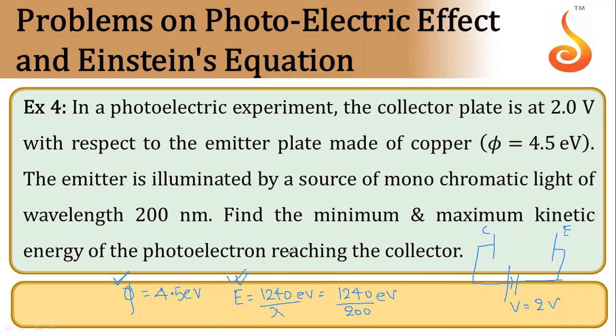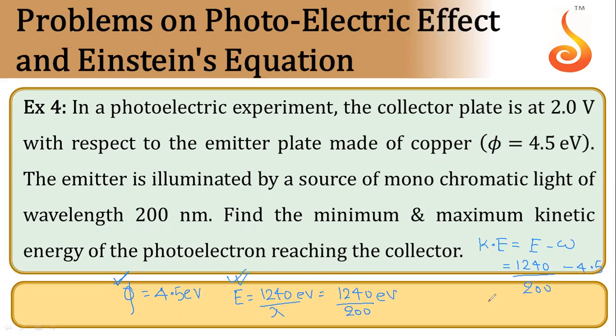So to calculate maximum kinetic energy, we are just going to use this formula, that maximum kinetic energy is energy incident minus work function. Energy incident value we have already found, 1240 divided by 200, work function they had given.